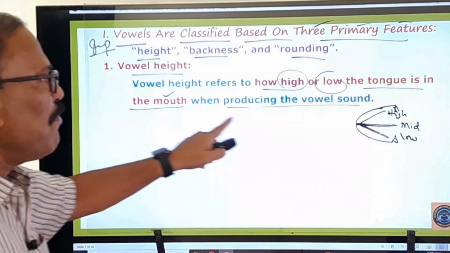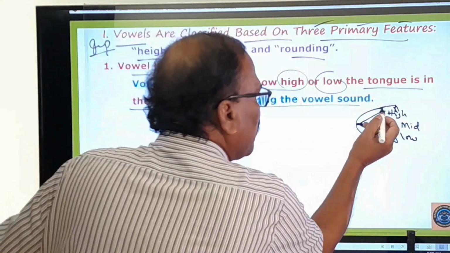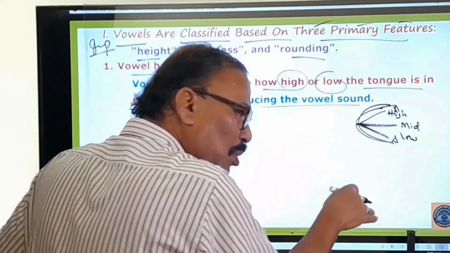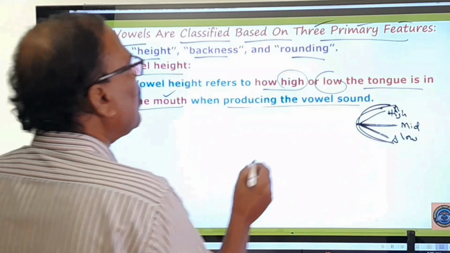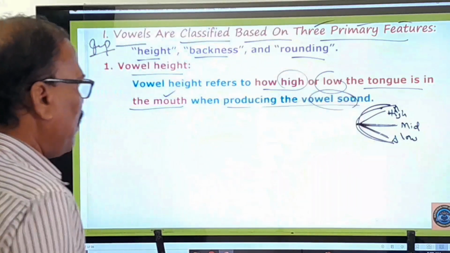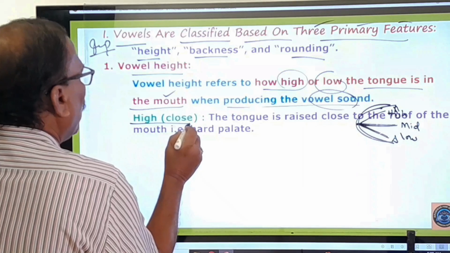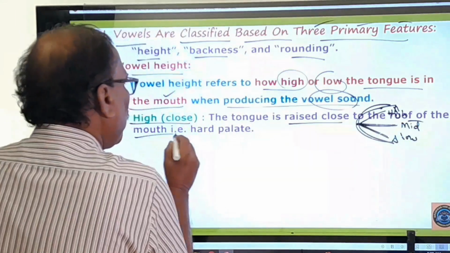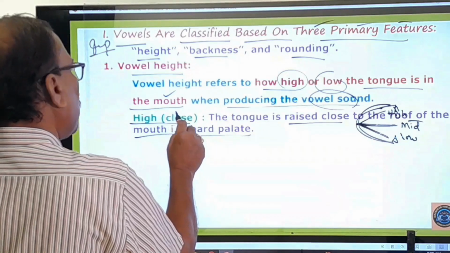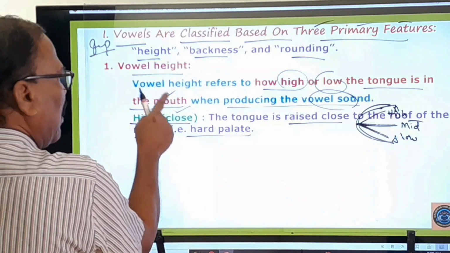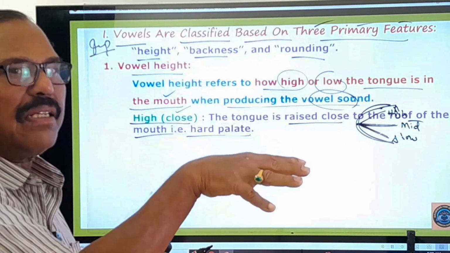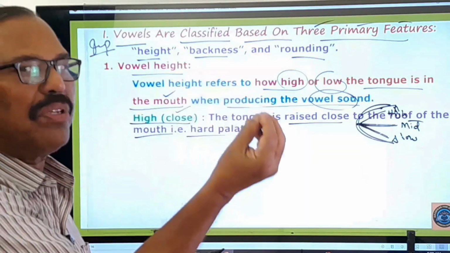Vowel height means the tongue in the mouth, how high it moves, how low it moves, when producing some vowel sounds. So here you pay attention. High close is there. High close means the tongue is raised to the roof of the mouth, that is hard palate. The definition is given here. Vowel height means how high or how low the tongue is in the mouth when producing any vowel.